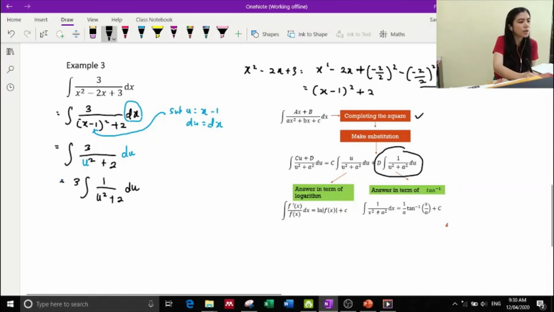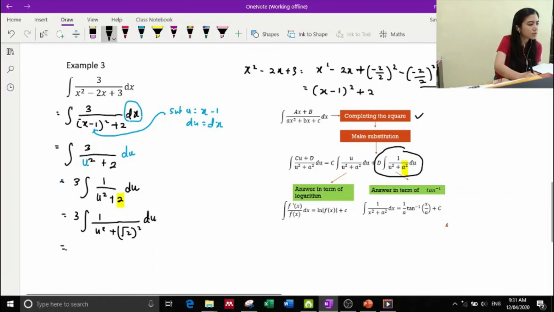So now you have to figure out what is your a here. Your a square in here is actually 2 square. So you can write it in terms of u square plus 2 square.